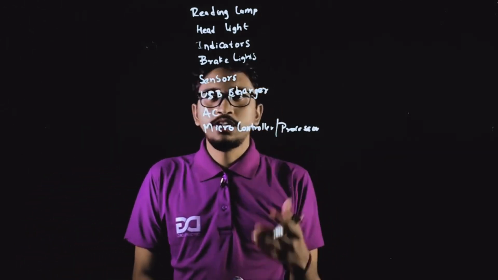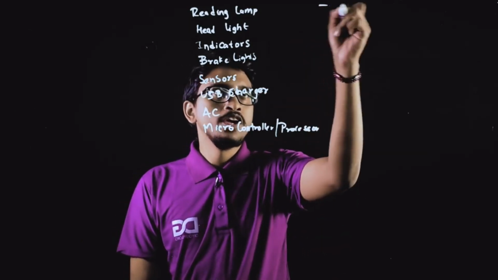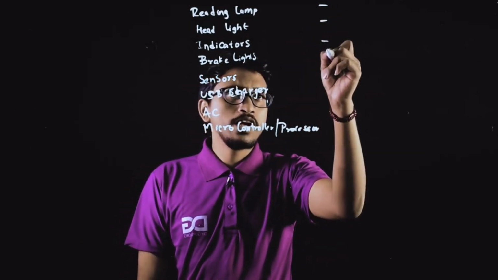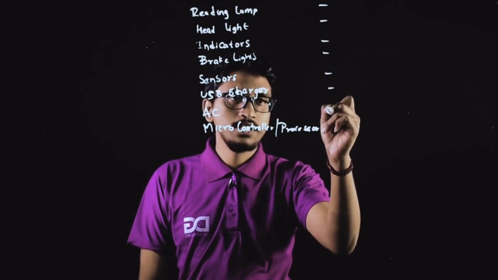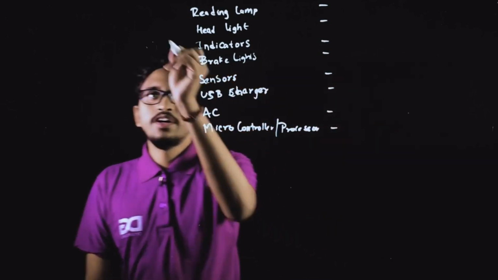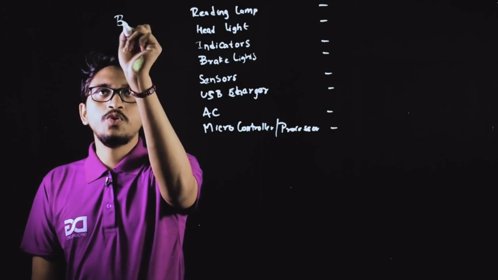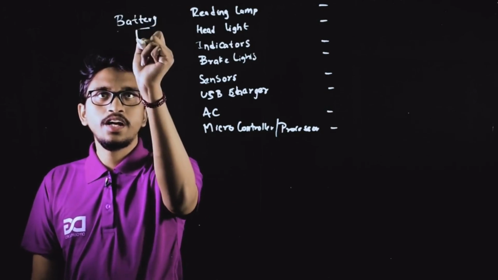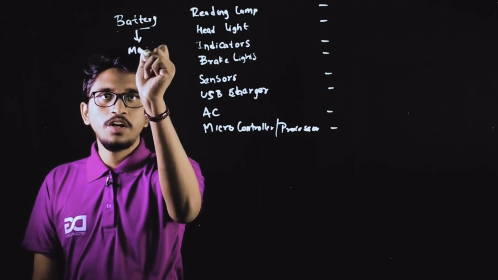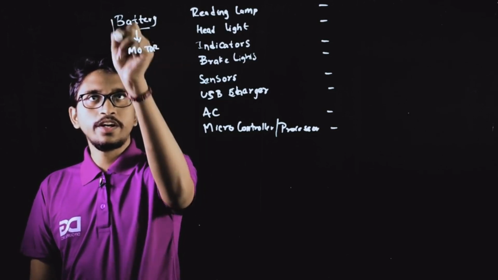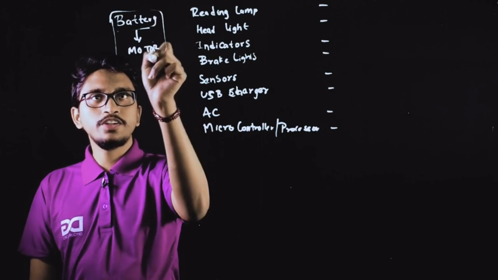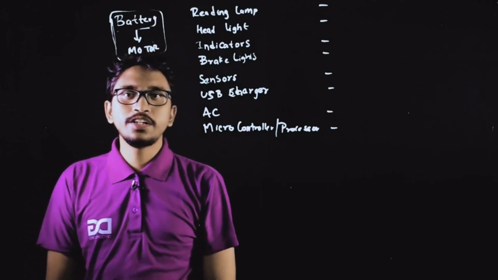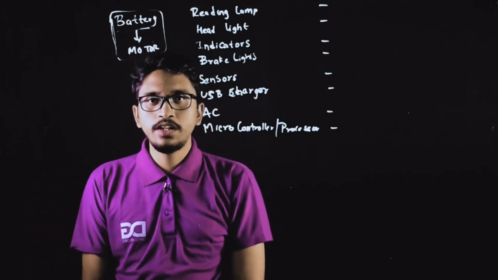Why am I explaining this? The major reason is, whenever we go into calculations of the battery, if you see the flow of the calculation, we selected the battery depending upon the motor, that's it. So whatever battery you choose is restricted to running the motor itself.